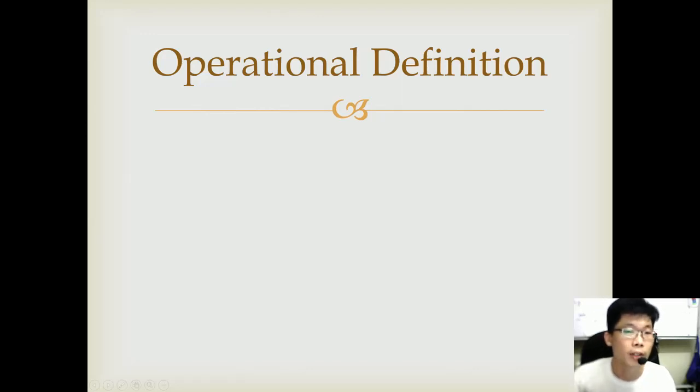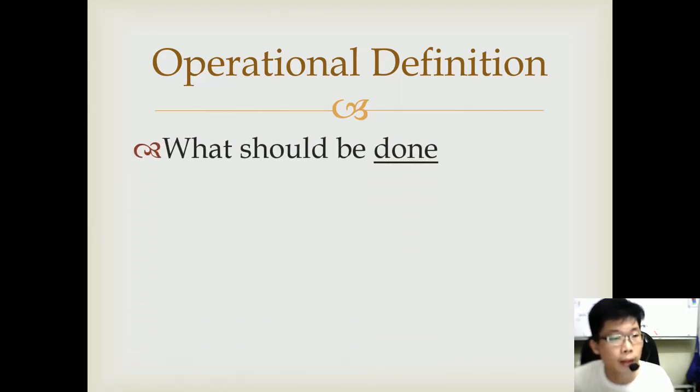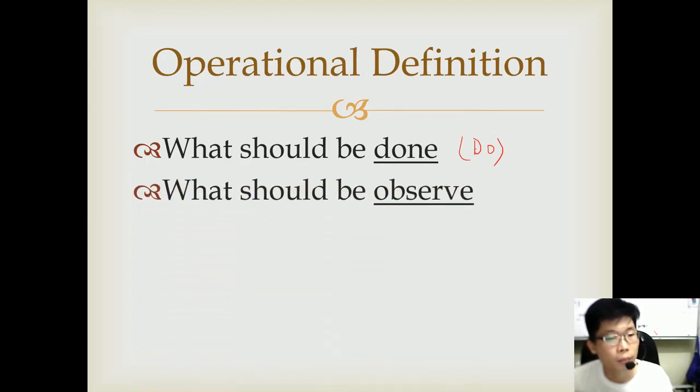In an operational definition, you need to include two things. Number one is what should be done, meaning what you do in the experiment. You can use a few sentences to explain what you do. The more details, the better your answer. Then another one is what should be observed, meaning what you see.